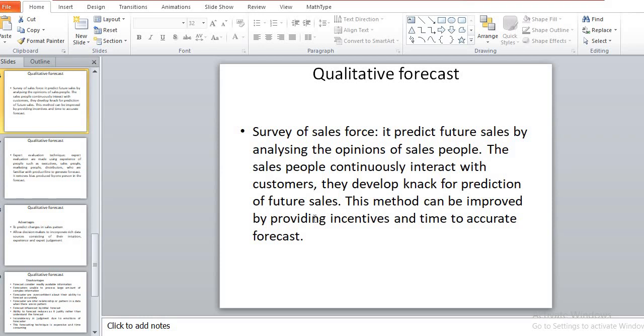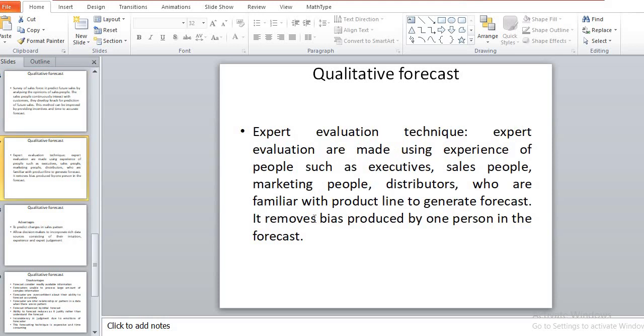So again, the fourth type is the expert evaluation technique. Here, the people related to the production line, that are the executives, salespeople, marketing people, distributors, and outside experts related to the production line, we can consider their opinion related to the forecasting of the product.